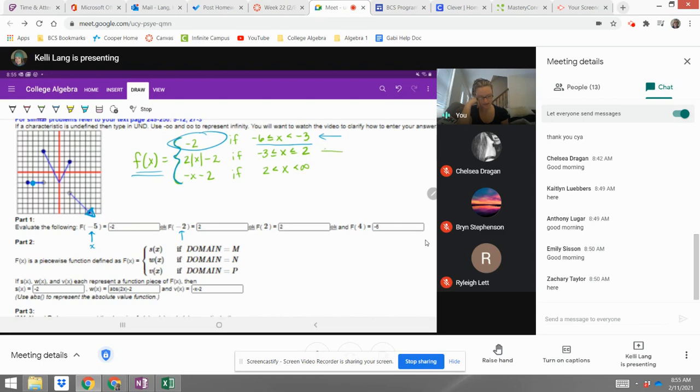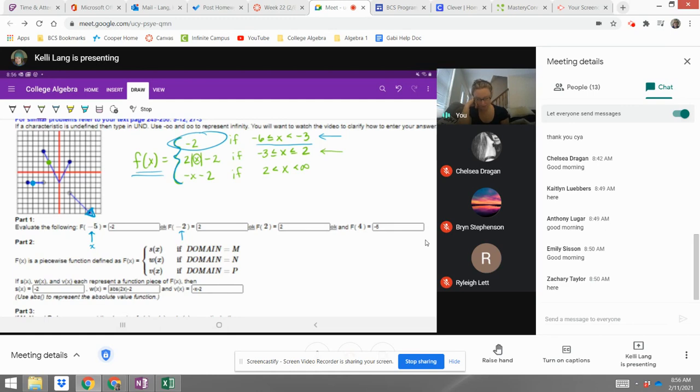That would be in this second domain. And if we plug -2 in for x, you would take the absolute value of it, which gives you +2. So we'd end up with 4 minus 2, which gives us 2. Or we could do this graphically. We could look at -2 on our x values and see what y value that gives us, which in this case is +2.